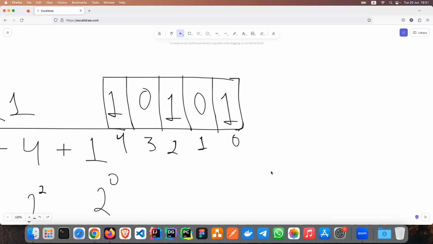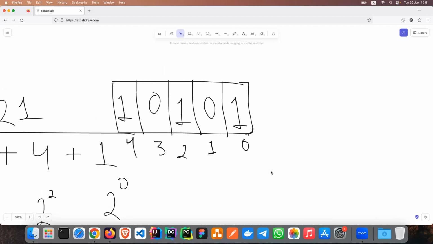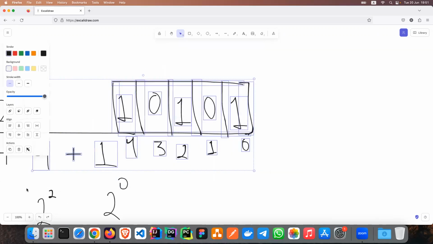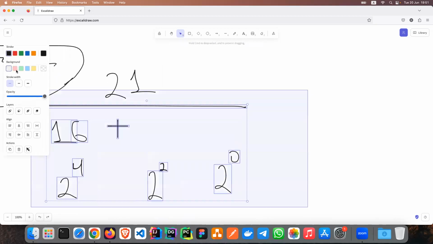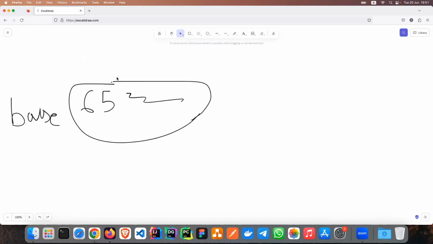For example, 128 is 2 to the power of 7, I believe. When you buy a computer, you have storage of 512, which is also a power of 2. So these are common, and you can remember some powers of 2.